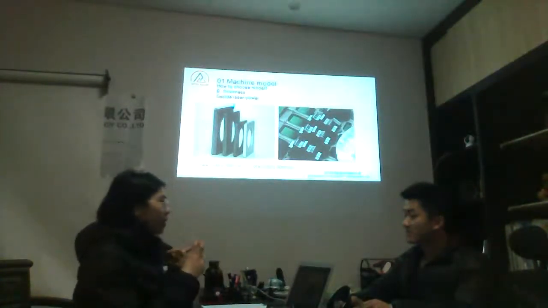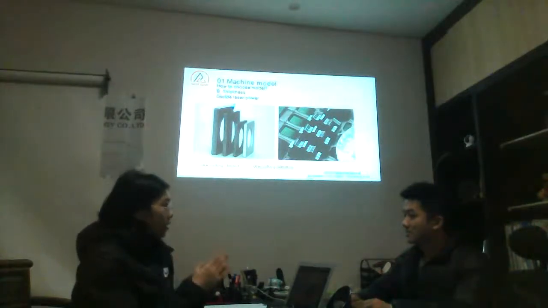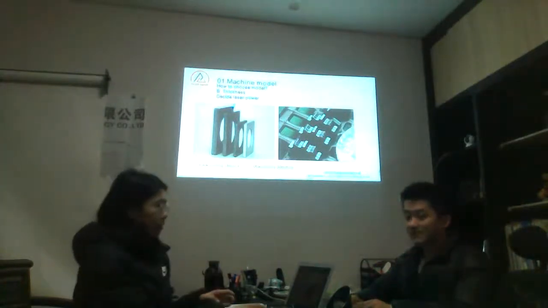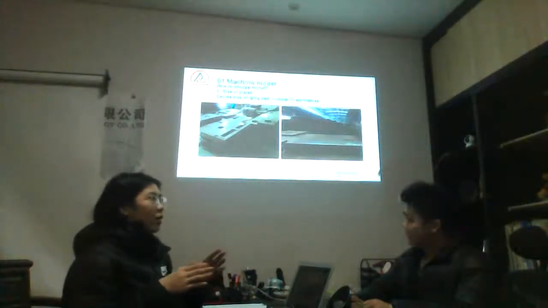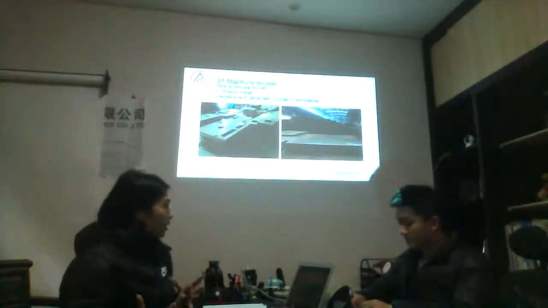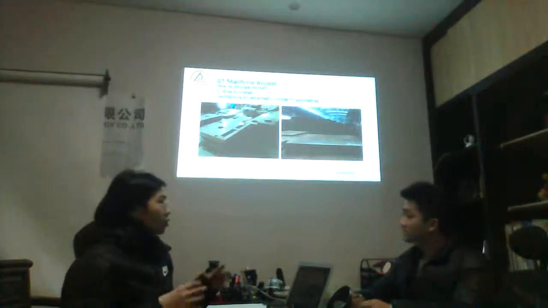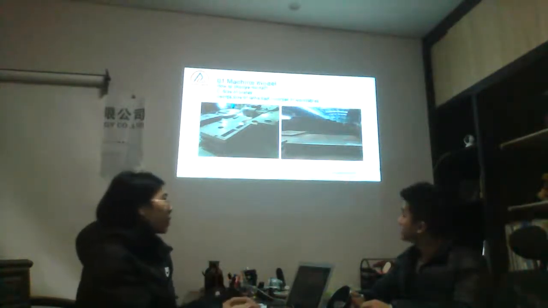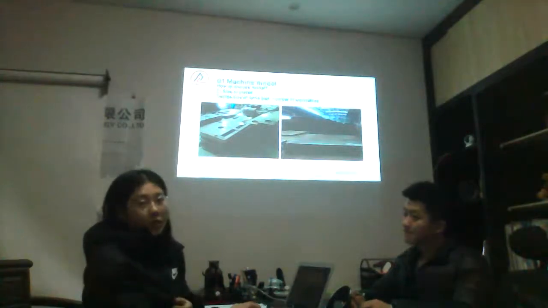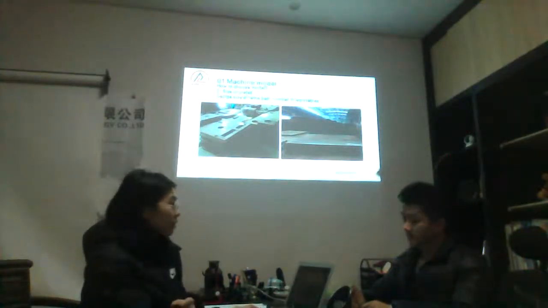The first one is we need to clarify the workpiece materials. The second one is the materials' thickness. The third one is the size. The size will decide the laser cutting machine worktable. How to confirm the worktable size depends on our customers' workpiece size.